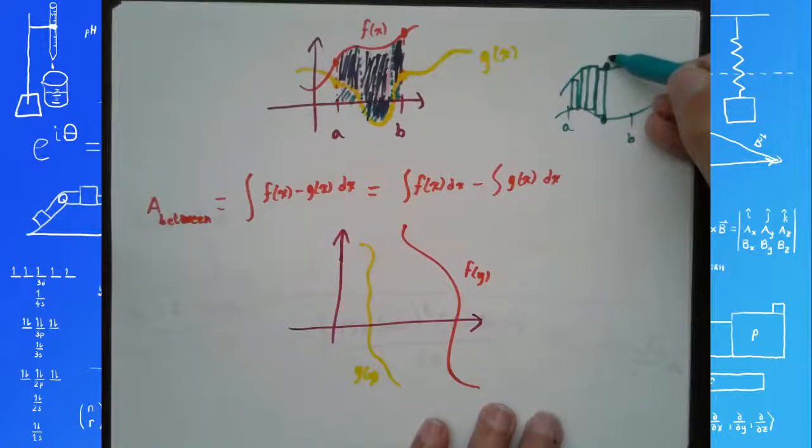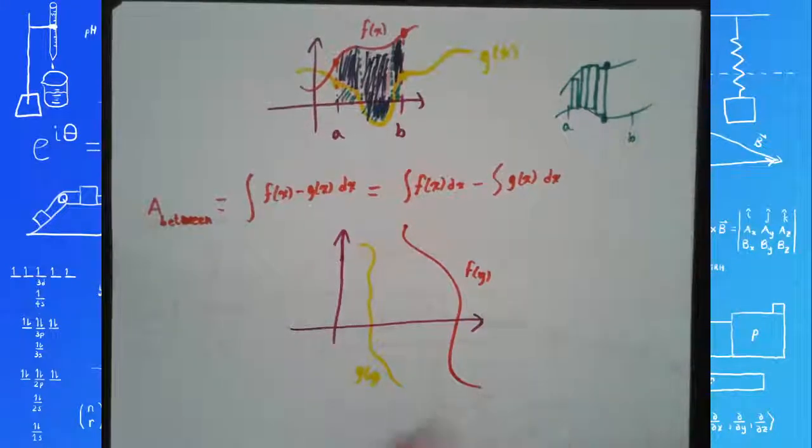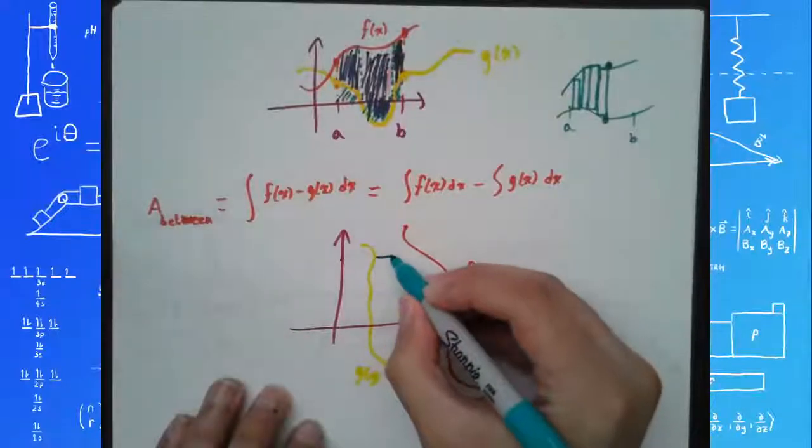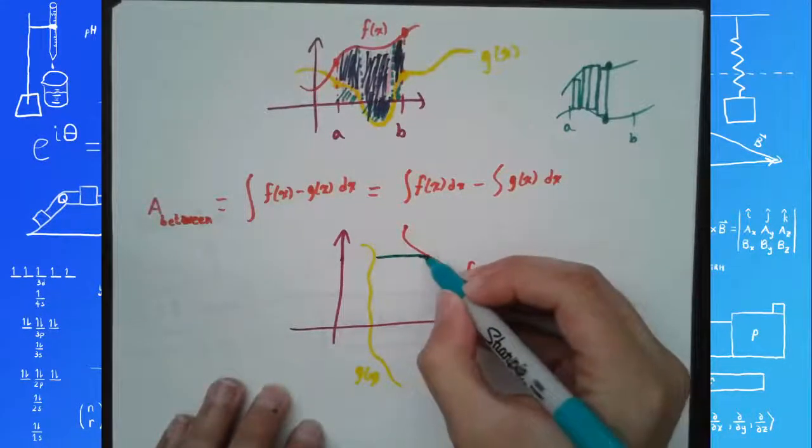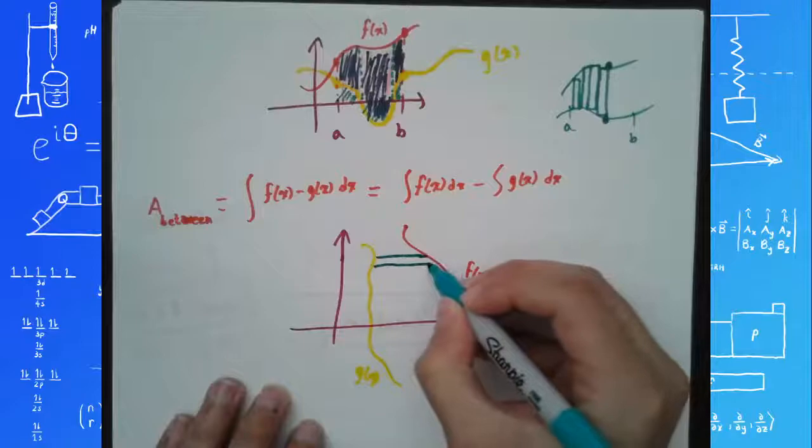So it's the higher value minus the lower value. The higher y minus the lower y would give you a positive height. Well, same thing here, except your rectangles are going to be stacking horizontally like this.